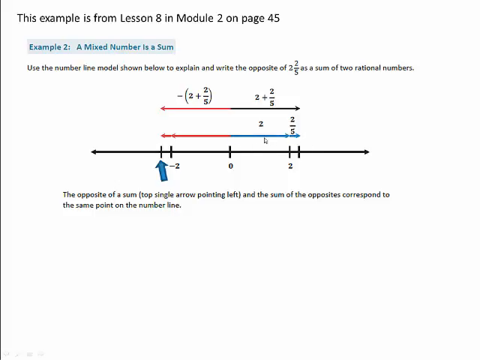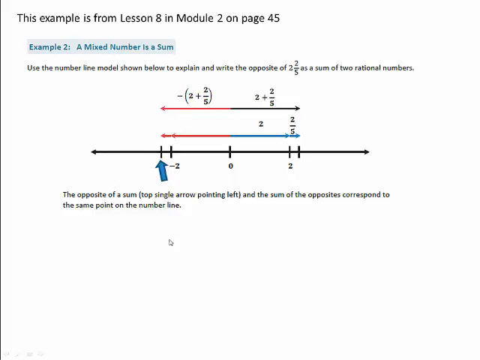We're adding them together, and we end up at 2 2/5. The opposite of 2 2/5 is the opposite of 2 plus 2/5. And we looked at that in our previous example. That's the same as -2 plus -2/5. It ends up in the same spot as the -2 2/5.